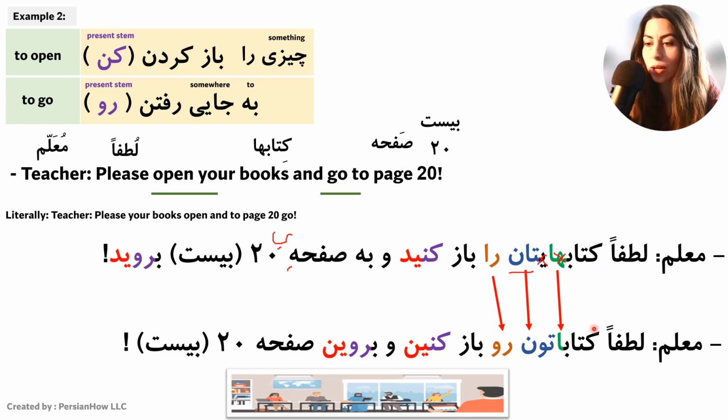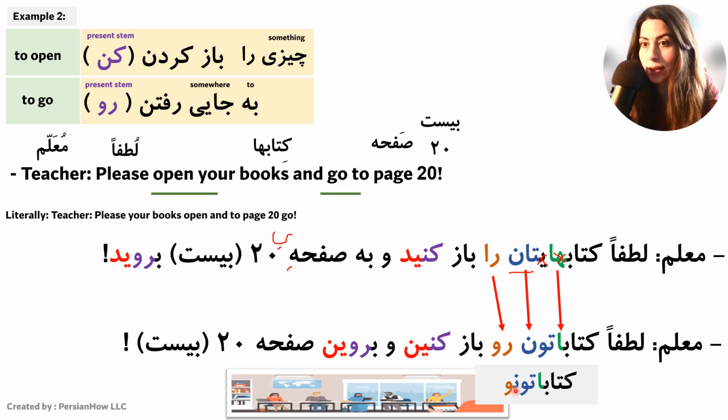کتابهایتان را becomes کتاباتون رو. A little bit more informally, a little bit more spoken form becomes کتاباتون نو, because رو can also become an O. You don't need to speak like this, guys. You just need to understand it.